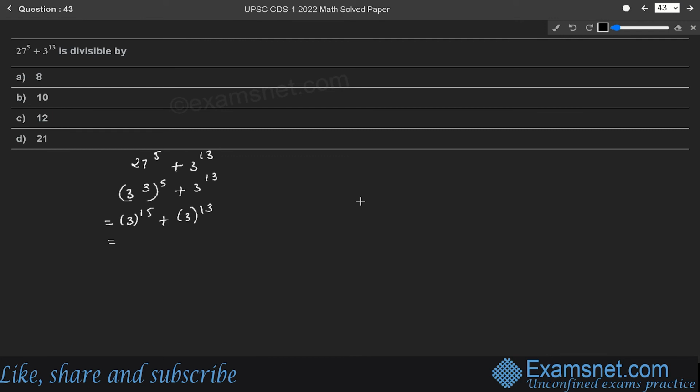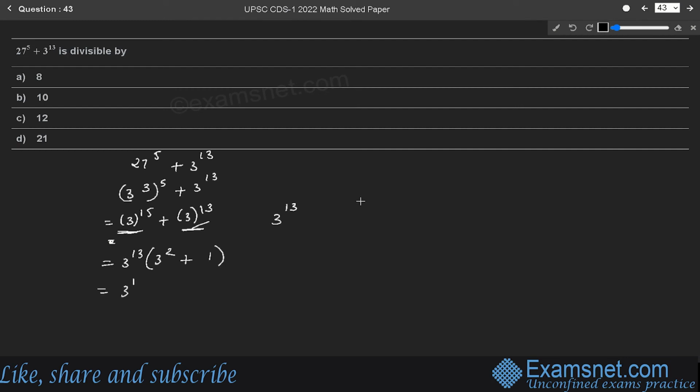Now you can see that when we take common from both sides, what is common from these two terms? Common is 3¹³, because here also there is 3¹³ and here also there is 3¹³. So now taking common 3¹³, the remaining terms will be 3² + 1.